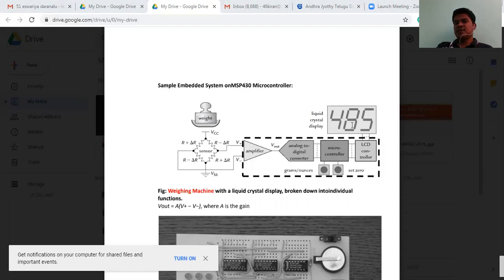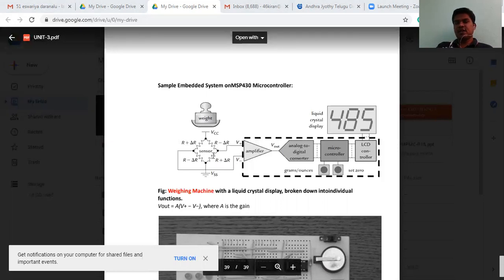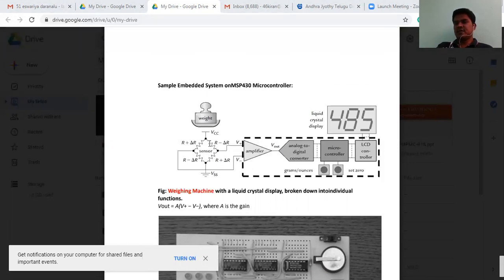Okay, and let me see a little bit about its working. Initially, the Wheatstone bridge, which is at the front side, will be in the balanced condition. If you observe, on two arms the resistance is R plus delta R, R plus delta R. On the other two arms, R minus delta R, R minus delta R. Hence, the resistance is equal here. The bridge is balanced.